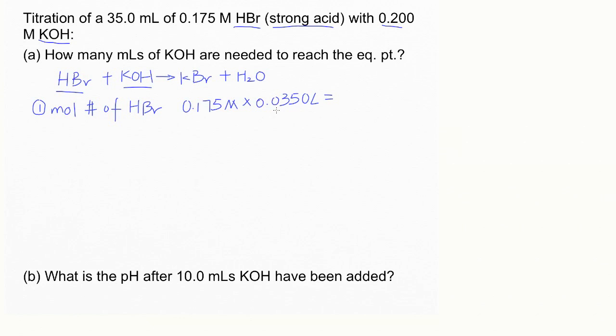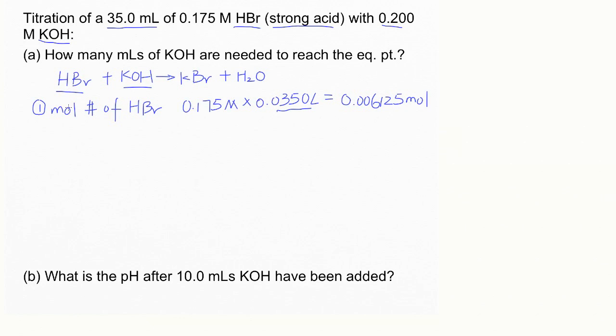Where do I get this 0.0350 liter? It's from 35.0 ml. I convert the ml to liter, and that's how I got this number. And the mole number of the hydrogen bromide is 0.006125 mol.